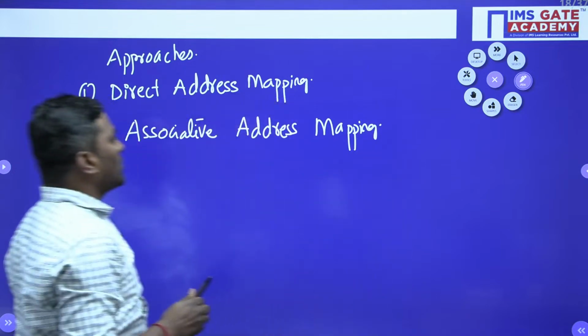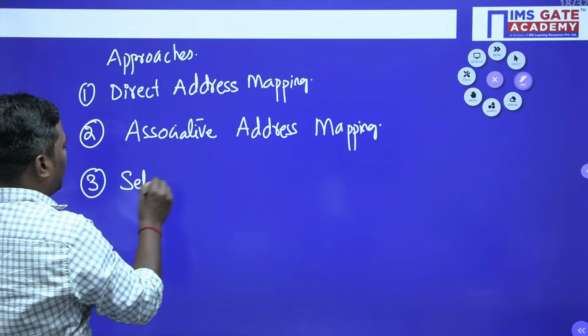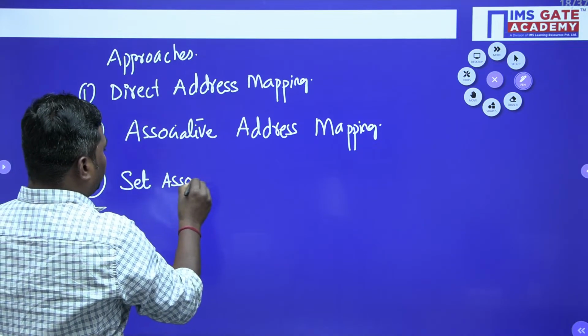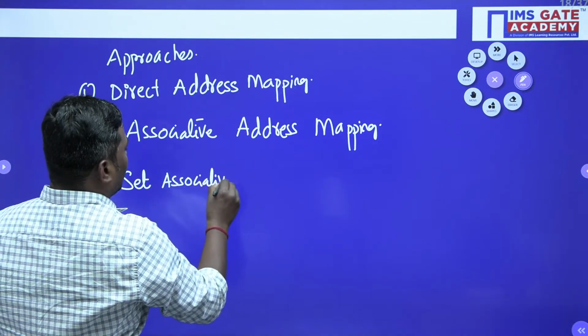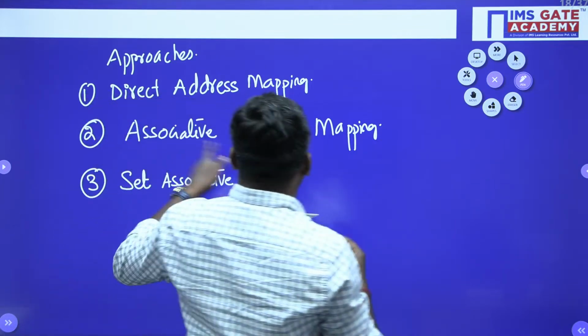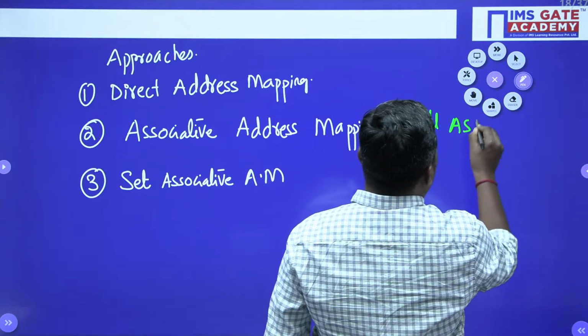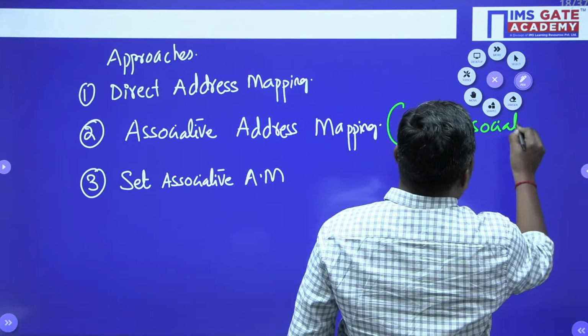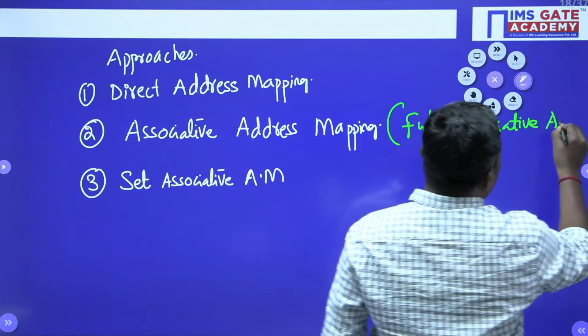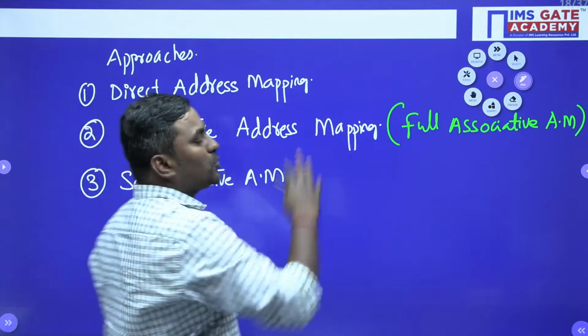Second one is associative address mapping. Third one is set associative address mapping. The associative address mapping is also known as full associative address mapping. We can say either associative mapping or full associative mapping.